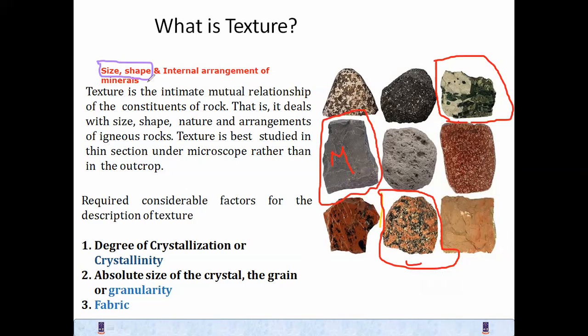And another most important thing regarding texture is the internal arrangement of the minerals, how the minerals are arranged with each other. All that together is considered as the texture of the minerals.